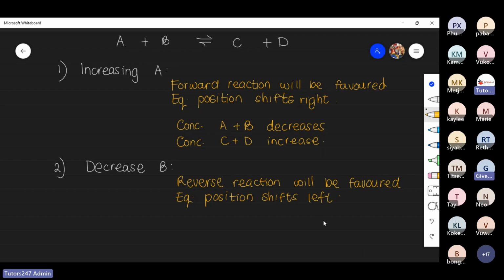Which reaction is being favored and where your equilibrium position is shifting, right or left. In addition to that, you can also state the concentrations. So if we are favoring the reverse reaction, we then know that C and D is going to be used up to produce more A and B. We are trying to produce more A and B to counteract the decrease in A and B. So our concentration of A and B is going to increase, whereas our concentration of C and D will decrease.